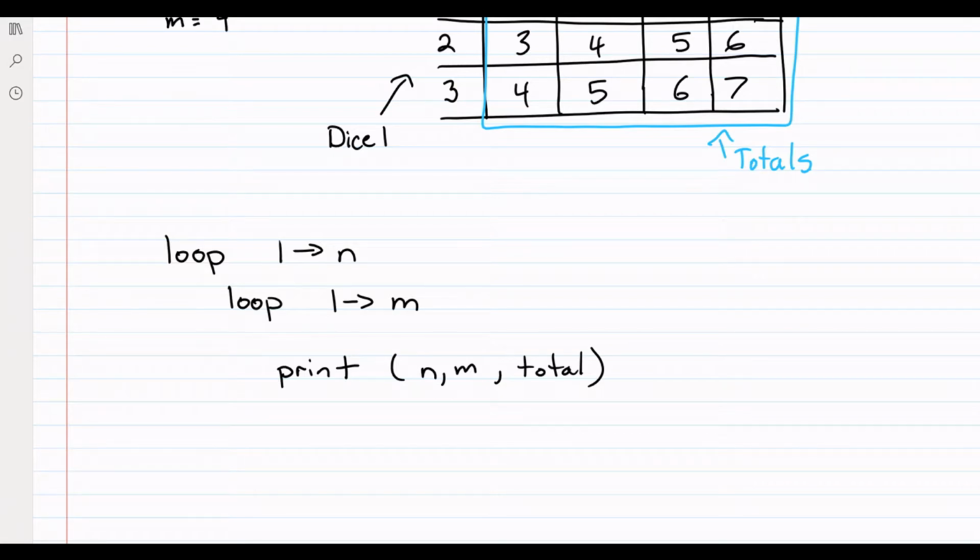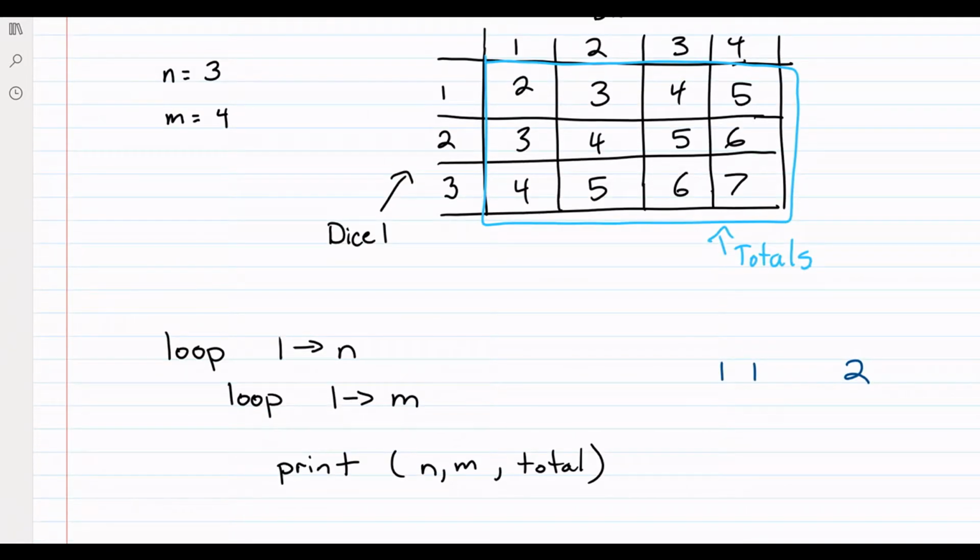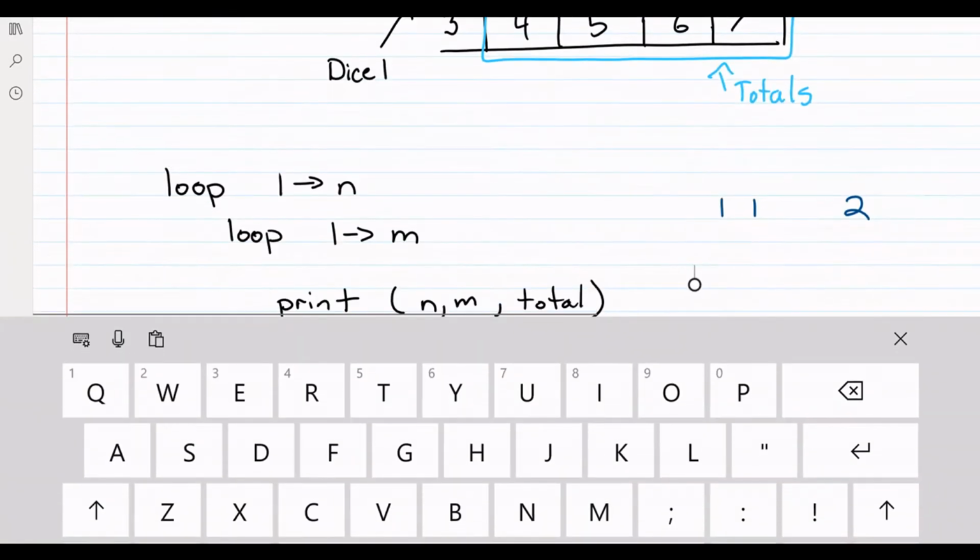The outside loop starts first, n is 1, and then we go into the inside loop, m is 1. So the first print statement would be 1, 1, and 2. So that's giving us that one.